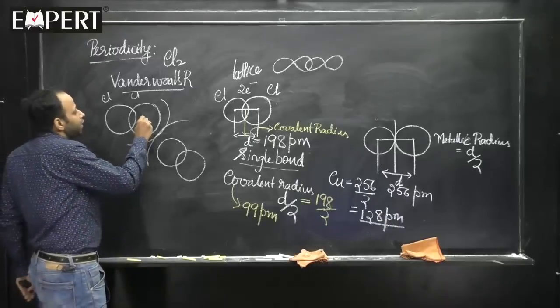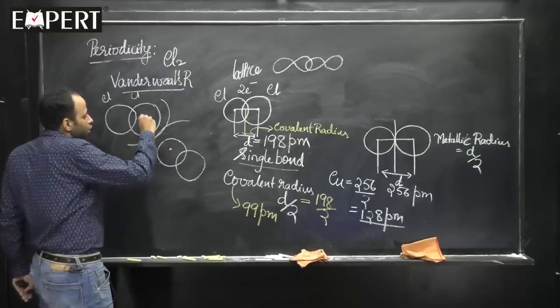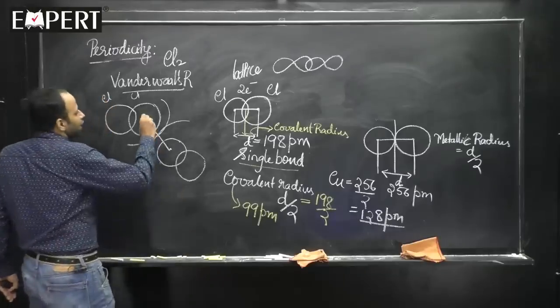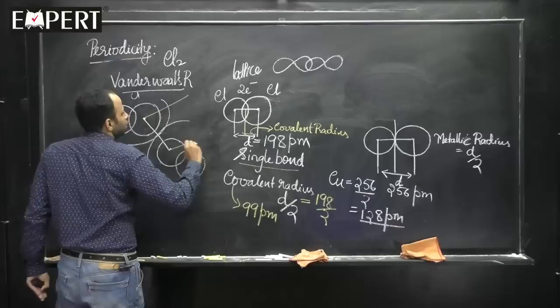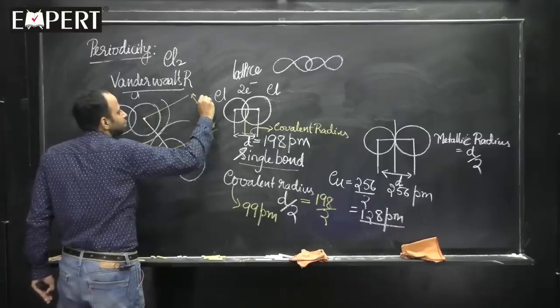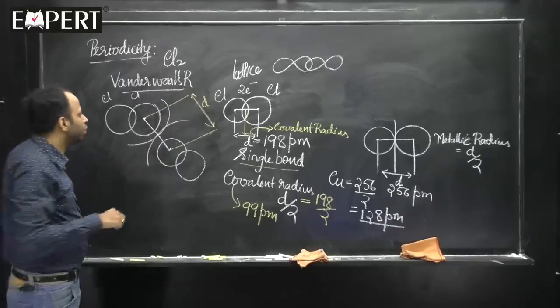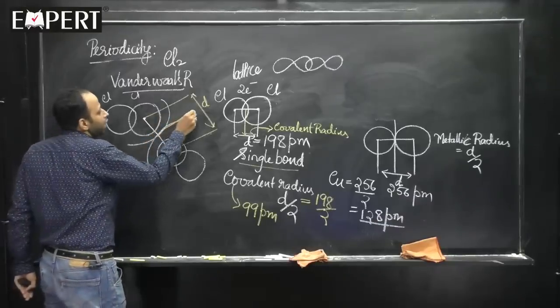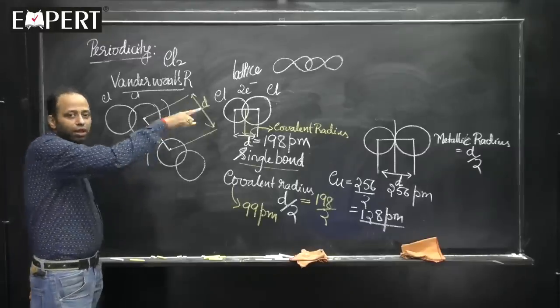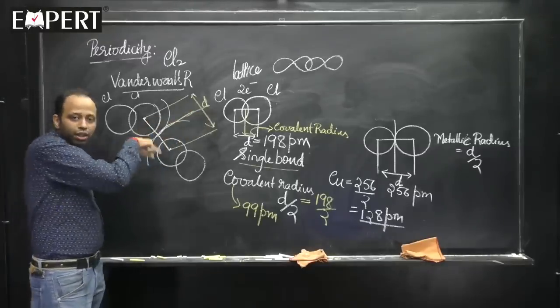So, what will happen now? I will take the center here and center here, join that, okay. I get a line. I will get a new distance d. Then this will be divided by 2, same thing. But what will happen? Both are chlorine only, but is the distance in between the chlorine atoms same?